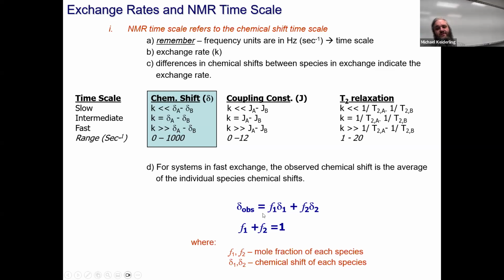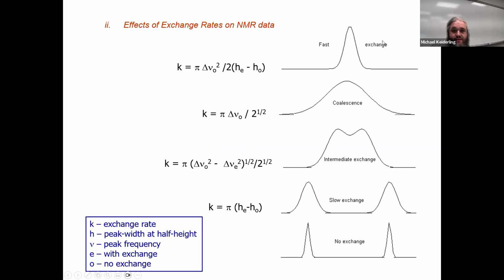The delta observed is going to be F1 times D1 plus F2 times D2, where F1 and F2 are the mole fraction of each species, and D1 and D2 are the chemical shift of each species if they're merging. If you have fast exchange, they'll merge into a single peak. This is when they're a little further apart in the coalescence.